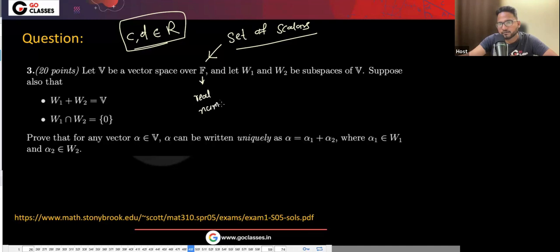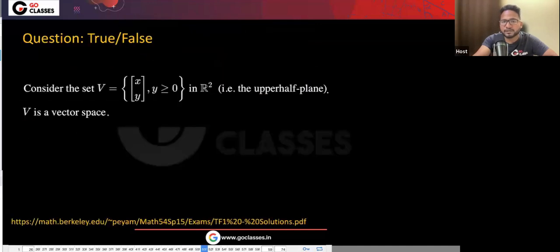Let W1 and W2 be subspaces. Let me first define the subspace and then I will come back to this question. Give me a minute. For now, just solve this question.